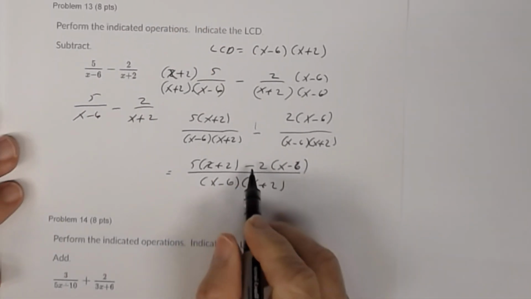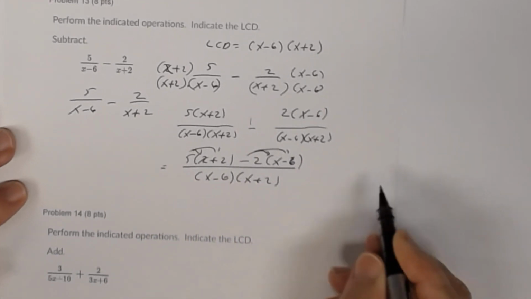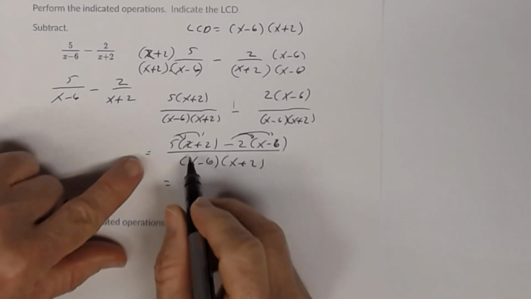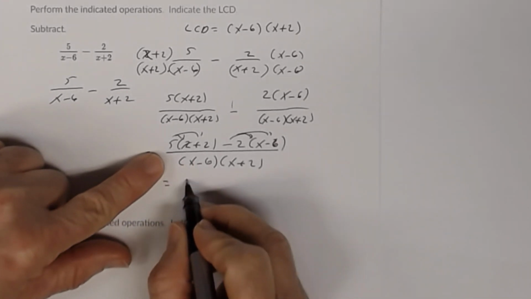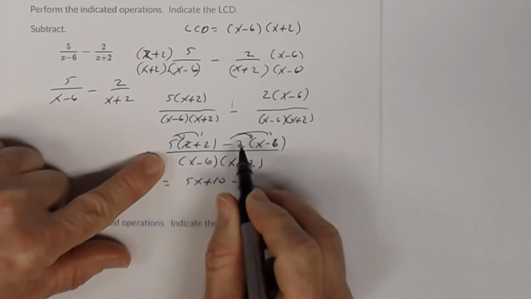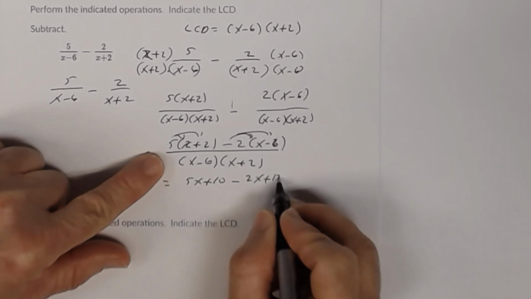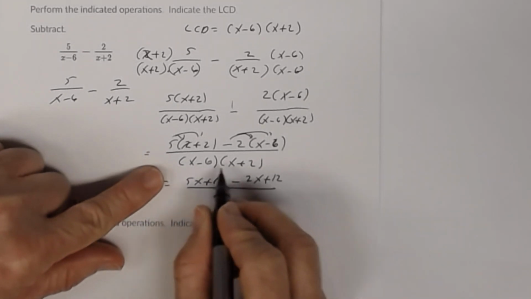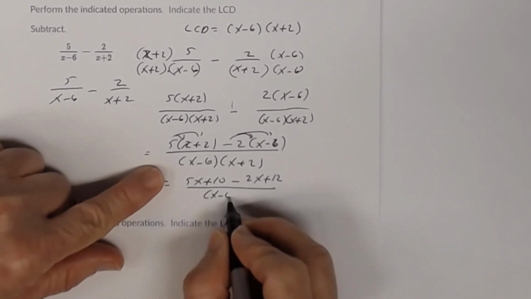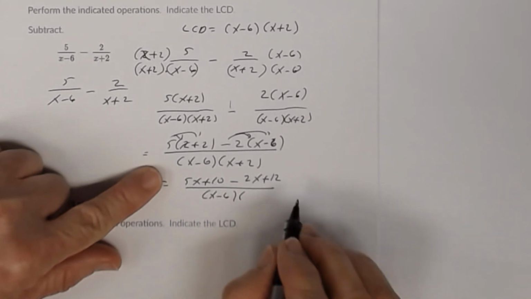Okay, now let's go ahead and distribute. We're going to distribute the 5 here, and we're going to distribute the negative 2 here. When I do that, I'm going to get 5x plus 10 minus 2x plus 12. A negative 2 times a negative 6 is a positive 12. Divided by, and leave it in factored form. Don't multiply it out because at some point you want to see if you can reduce any common factors.